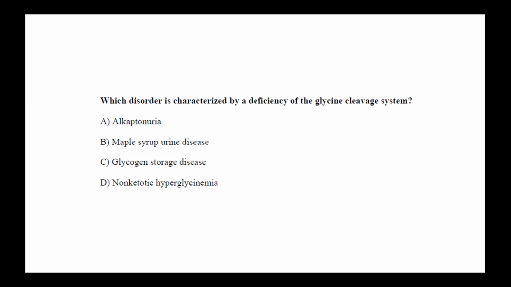Option C, glycogen storage disease. Option D, non-ketotic hyperglycemia.